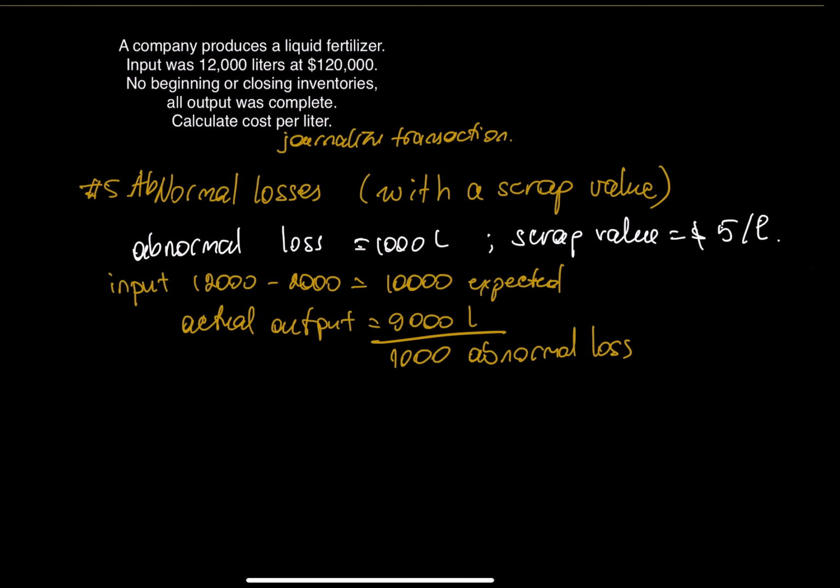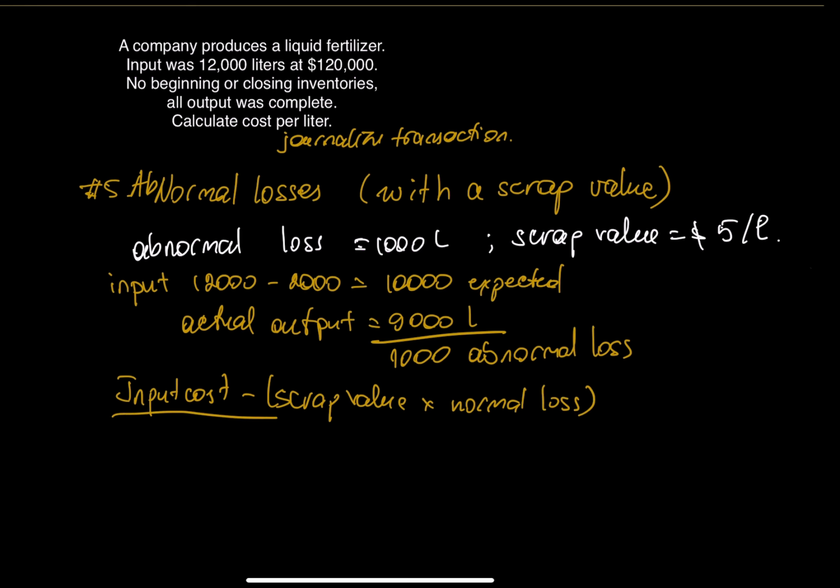When we calculate the cost per liter, if you remember our formula from before, we have the input cost minus scrap value multiplied by the normal loss, and divided by the expected output.